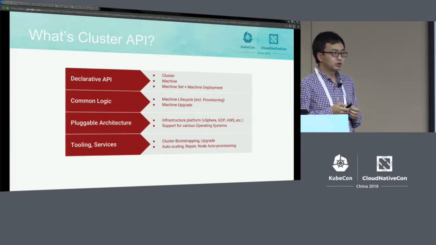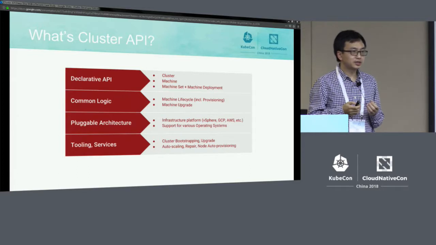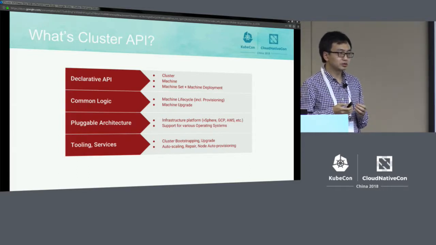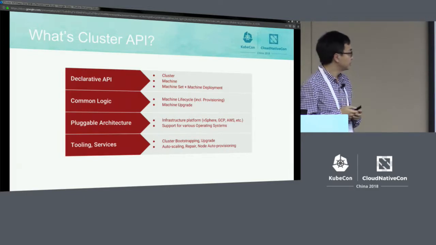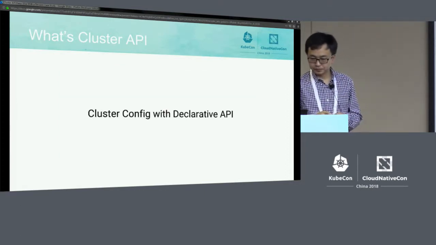The common architecture is pluggable. If a platform implements the corresponding interface, and it can offer the plugin, then the functions are easy to deploy in other platforms. And last but not least, it is actually a tooling, a system of services, and it is an open source community. We want everyone to contribute to that.